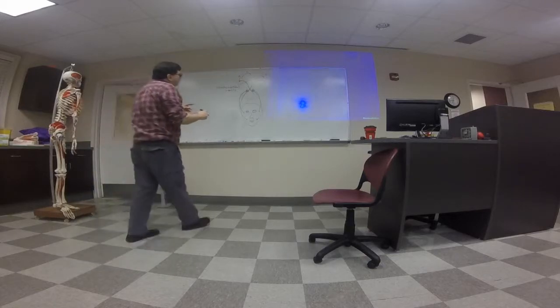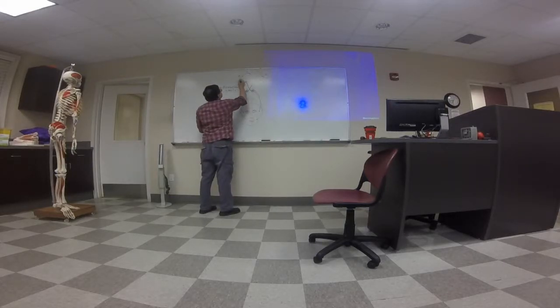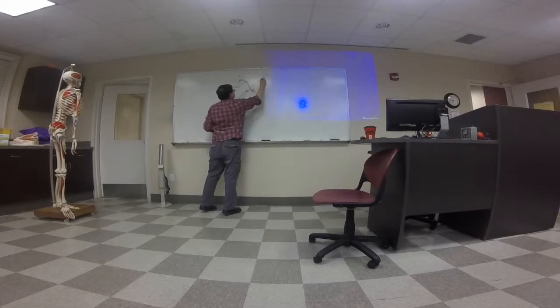Now, the upper motor neuron innervation to the upper face is bilateral. In other words, you have some upper motor neurons from the contralateral hemisphere, and some that are ipsilateral.